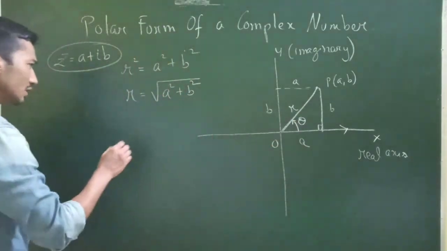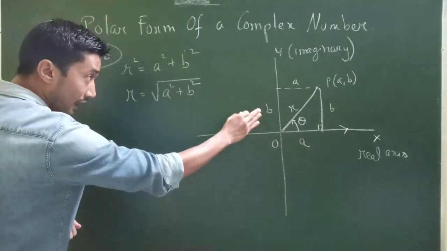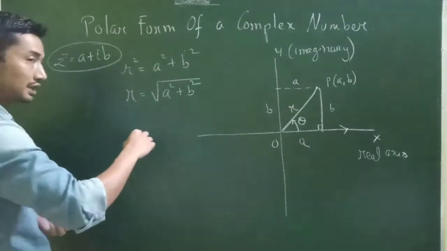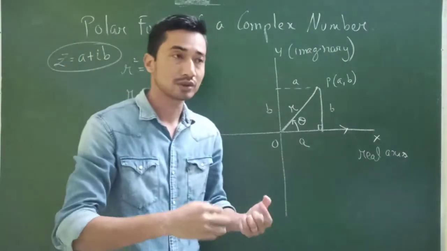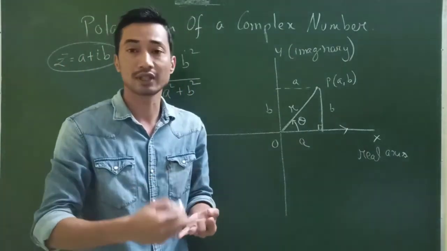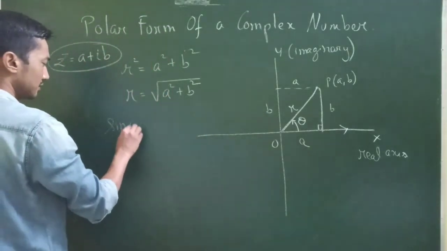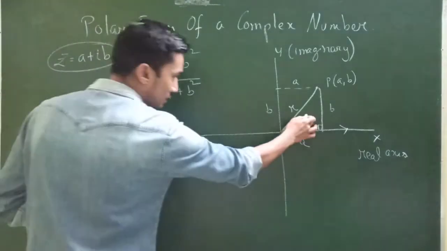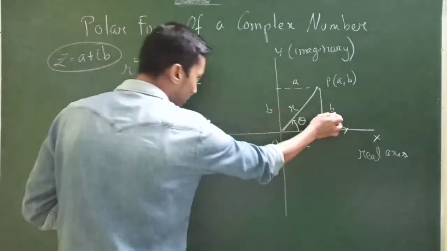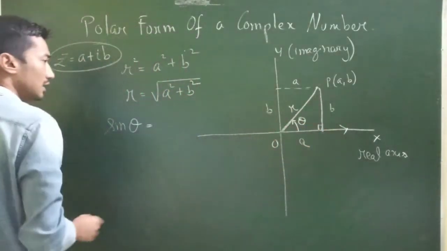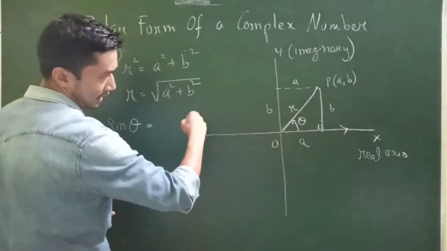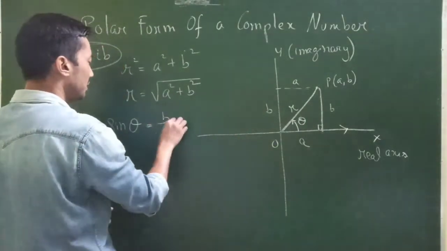Now look here, in this right triangle, if I use the trigonometric ratios of sine, cosine or tangent, let's say sine of angle theta, it will be the perpendicular height, the opposite side, by r, so that's going to be b by r.